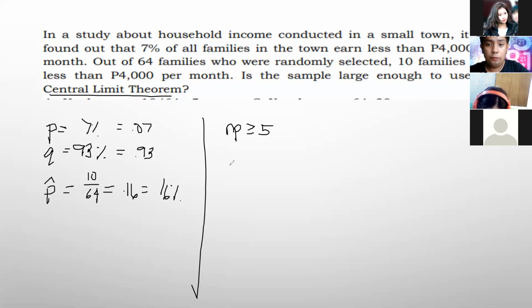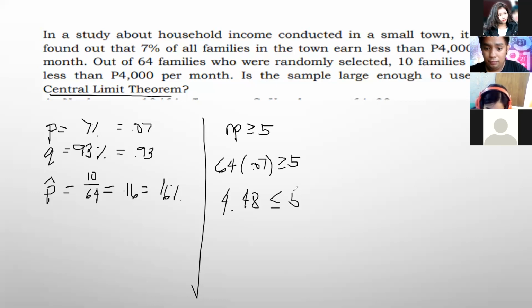So let's try to compute. That will be 64 times 0.07, which is 4.48. 4.48, which is less than 5.